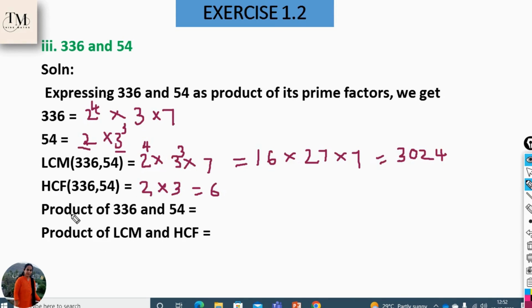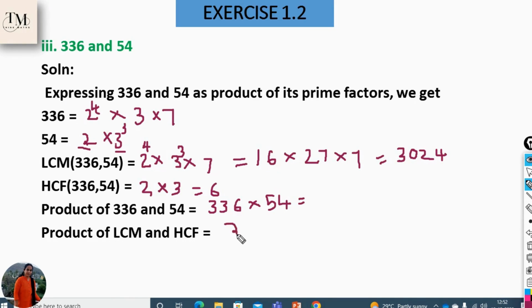Okay. So let me go to the product of 336 and 54. 336 into 54, I am going to do this by line method. Before doing that, let me calculate the value of LCM into HCF.